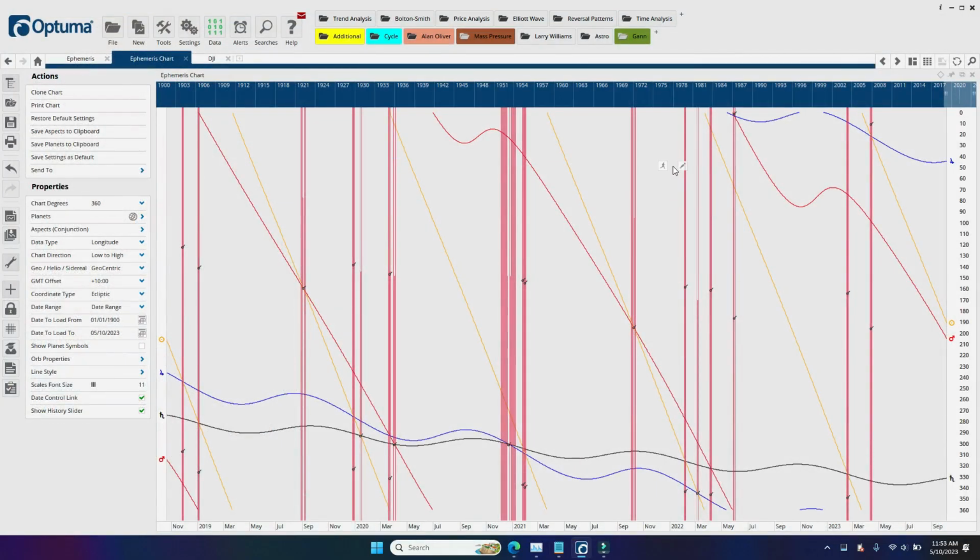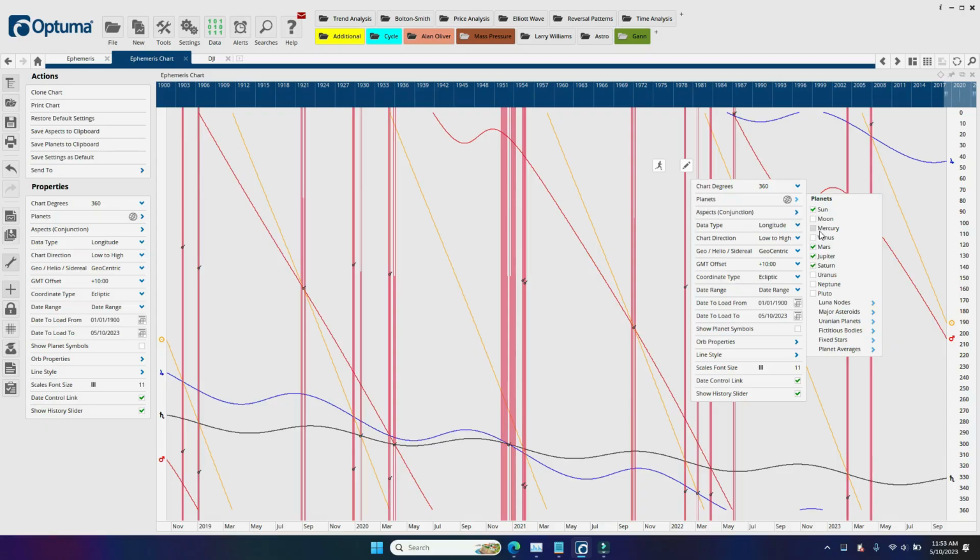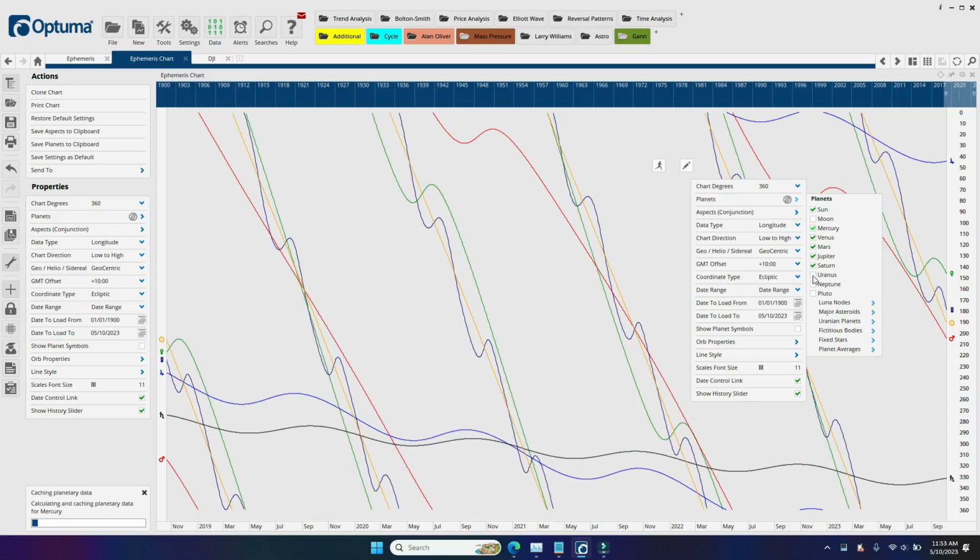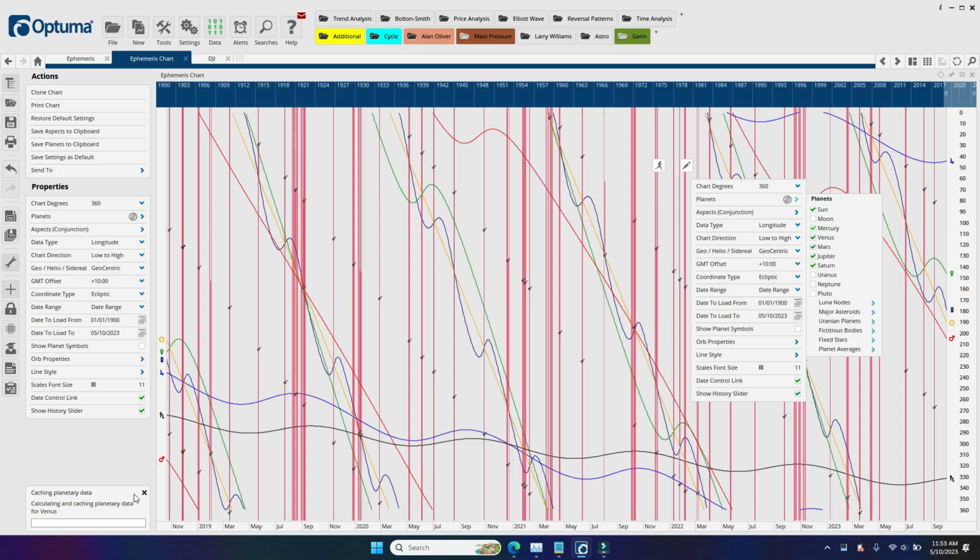Now, if we were to pop on a ton of planets, give that a second to load, and I'll give you another example of why this chart could be beneficial as well. It's just calculating the planets right now. All right, Venus almost done.